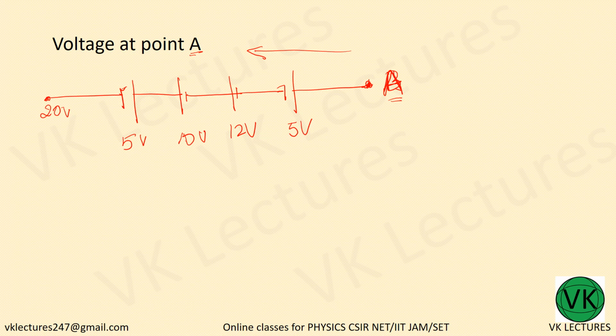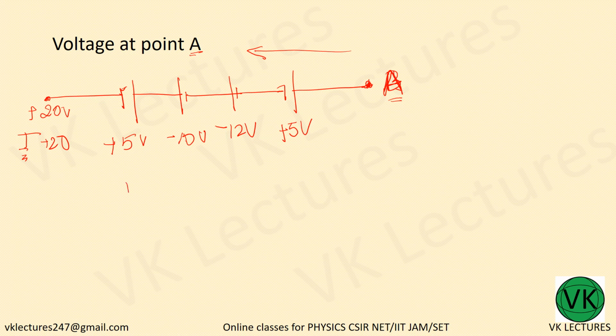Now when you go from A to the other end, this is 20 volt which is positive. Okay, and the other end of the 20 volt will be grounded. Now when you go from A to this other end, whatever you are crossing, if it is the positive terminal, put plus. If you are going to the negative terminal, put minus. Here again you are crossing the negative terminal, minus. Again you are crossing the positive terminal, put plus. And here 20, plus 20. Okay.